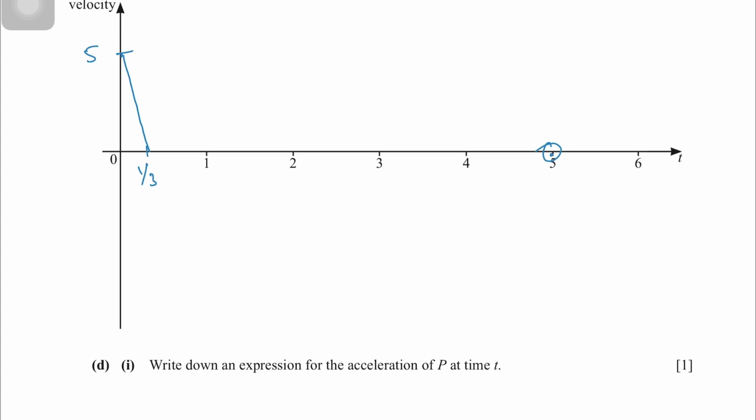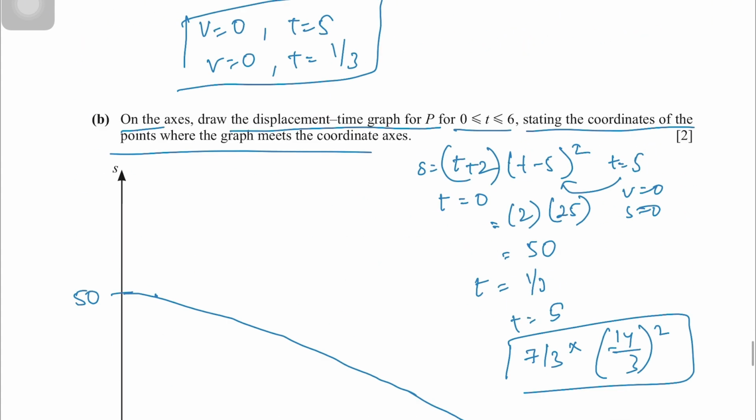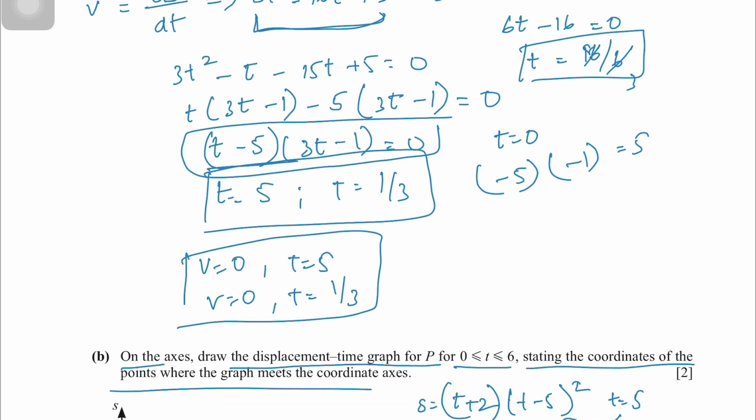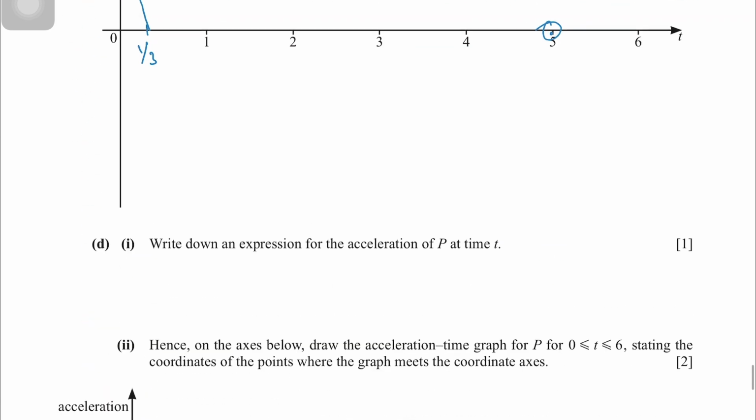So it needs to have somewhat a point where it has a minimum or maximum point. Let's take this and then differentiate it to get our minimum or maximum point, right? So when we differentiate it, we get 60 minus 16t equals 0. So t would be 16 over 6, which is 8 over 3, which means this is 2 whole 2 upon 3.